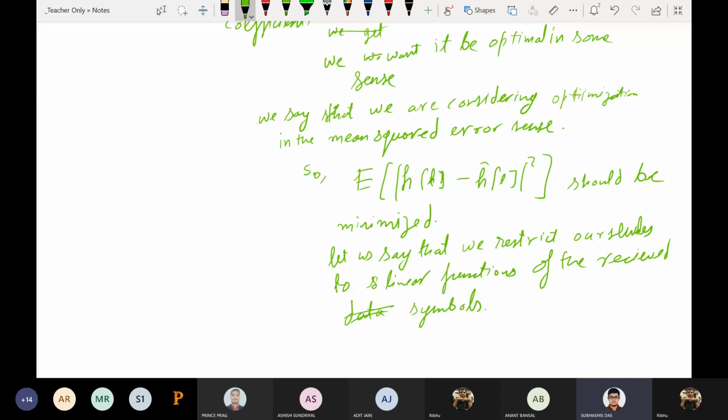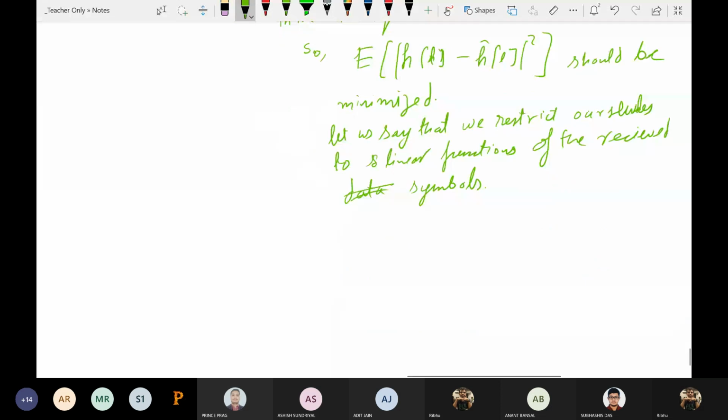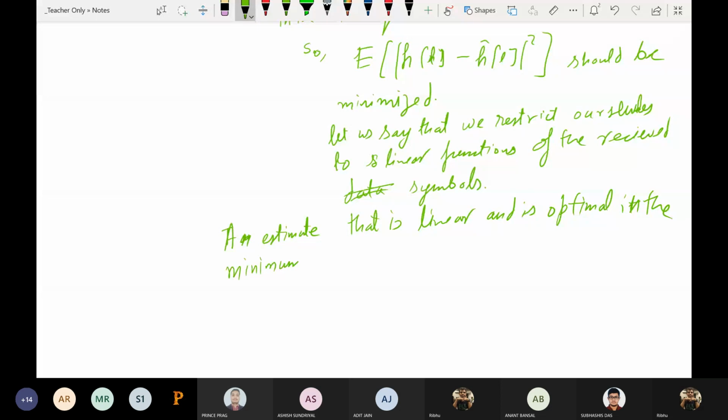So if we restrict ourselves to linear functions, that kind of an estimate that is linear and is optimal in the minimum mean squared error criterion is called the LMMSE.